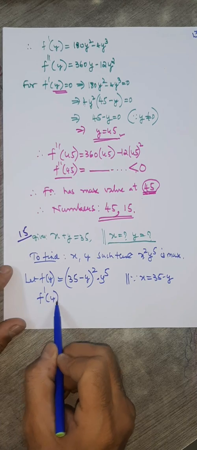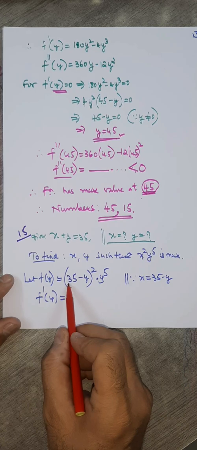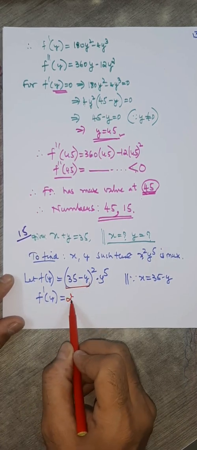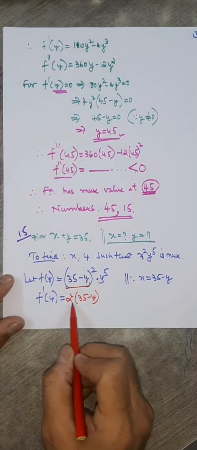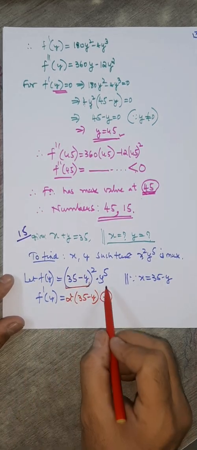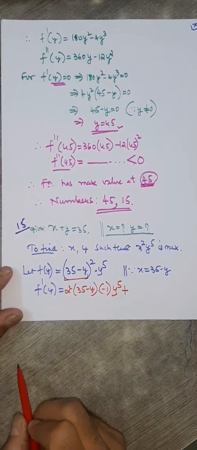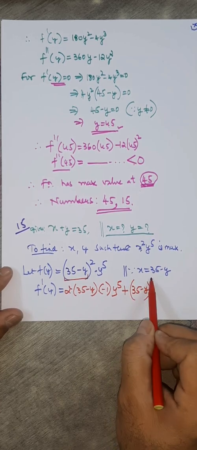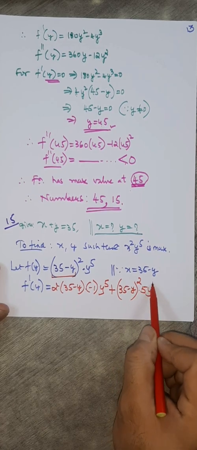Now, like the previous question, you need to differentiate it twice. F dash y, I'll do one time differentiation for you by product rule. Here this one as it is, and here I'll use the chain rule: 2 times 35 minus y, derivative of x square is 2x, into by chain rule derivative of this, which is minus 1, and into y raised to 5 as it is, plus now 35 minus y the whole square as it is, and the differentiation of y raised to 5, that is 5 into y raised to 4.